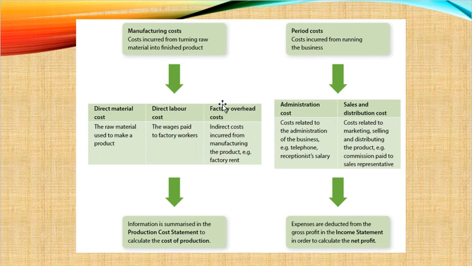And then our other manufacturing cost is factory overheads. So this will be all your indirect costs. So indirect material cost, let's just write it down. So just select the pen.